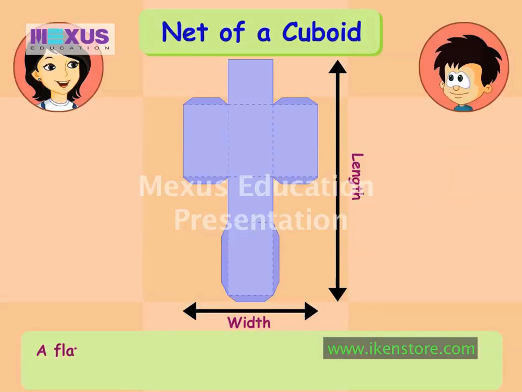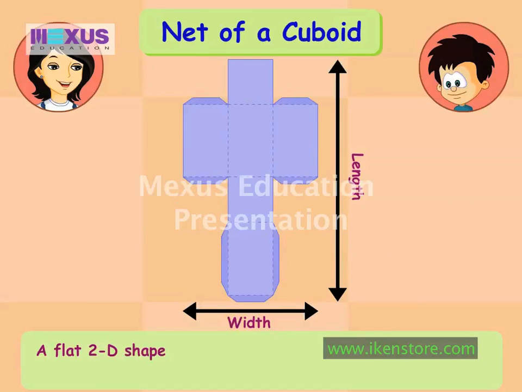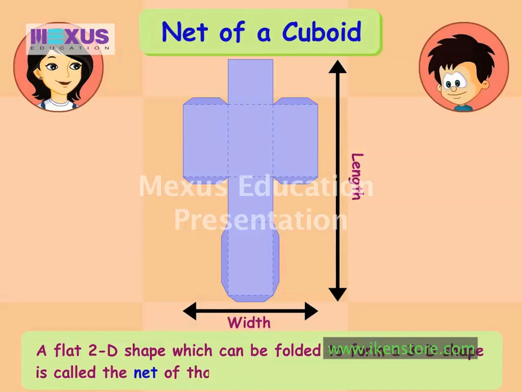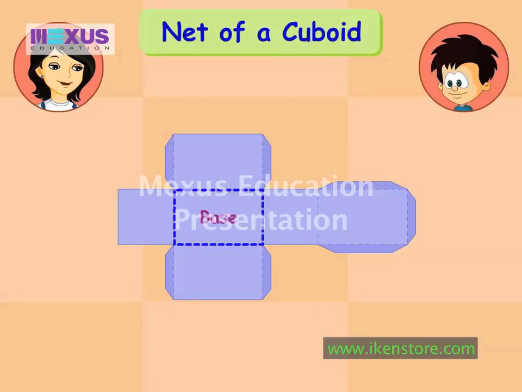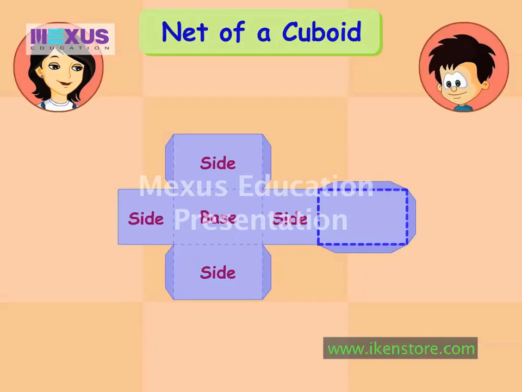Yes, JC, a flat, two-dimensional shape which can be folded to form a three-dimensional shape is called the net of that shape. Look, JC, this is the base of the box, and these four parts would form the sides of the box. And finally, this rectangular shape would form the top cover of the box.